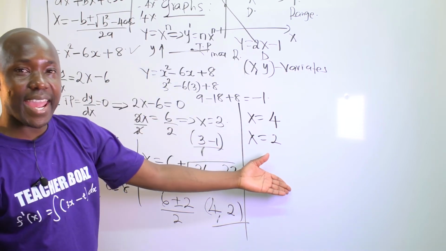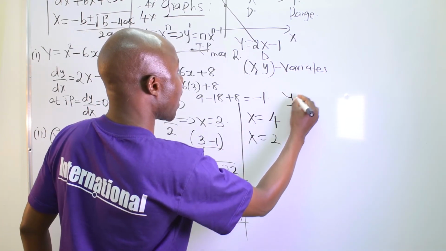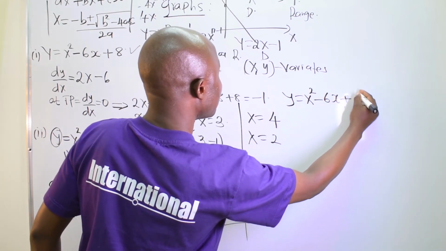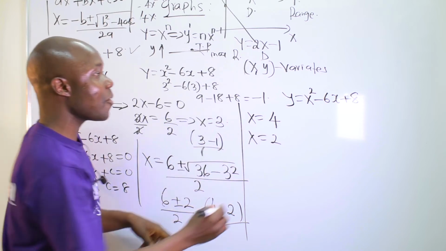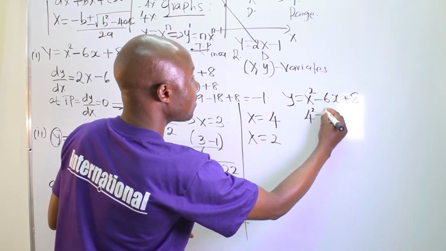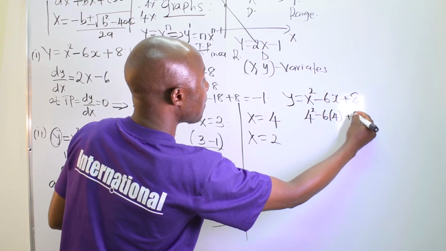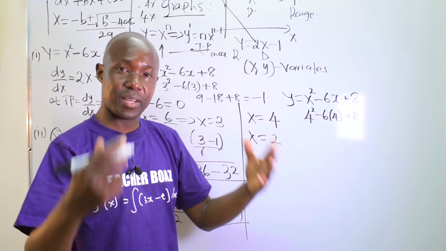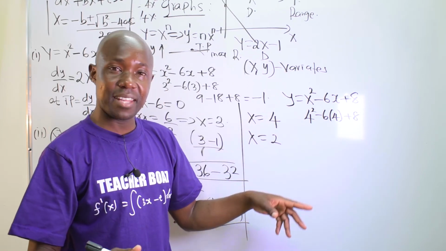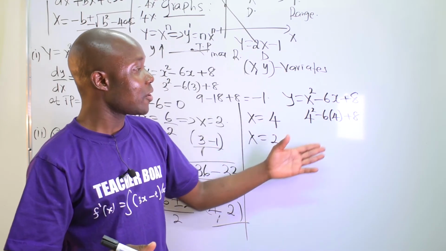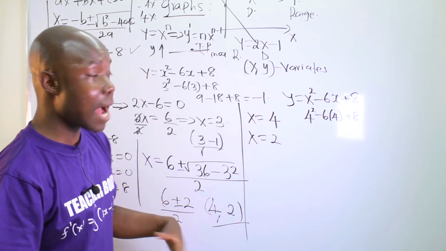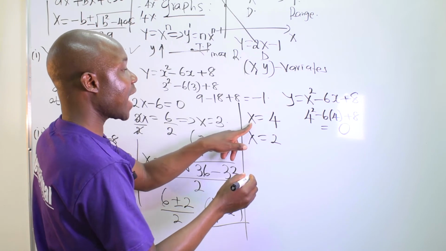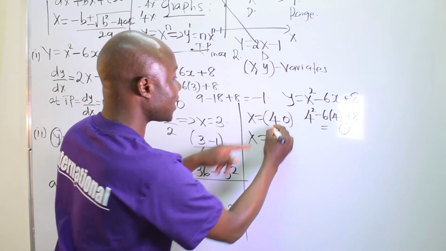When I substitute x at 4, I square 4 minus 6 times 4 plus 8. 4 squared is 16, minus 6 times 4 is minus 24, plus 8, so 8 plus 16 is 24. 24 minus 24 becomes 0. So when x is 4, y becomes 0.